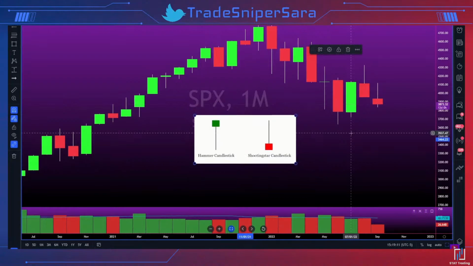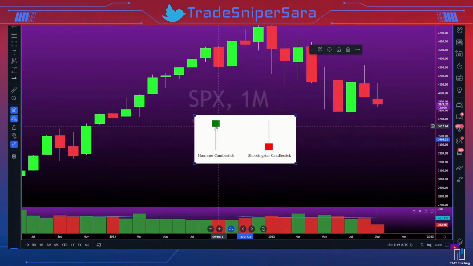Okay, so here we have a bullish hammer and we have a bearish shooter. And what this candlestick tells you is that the price opened here, traveled all the way down here, and people started buying it up. So buyers rejected the downside, started buying up this candle, and it closed up here.